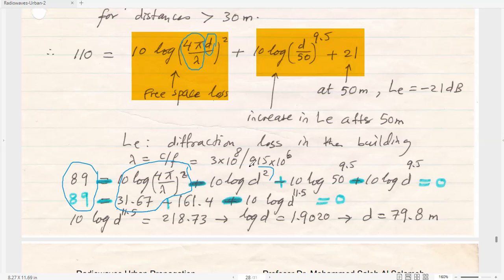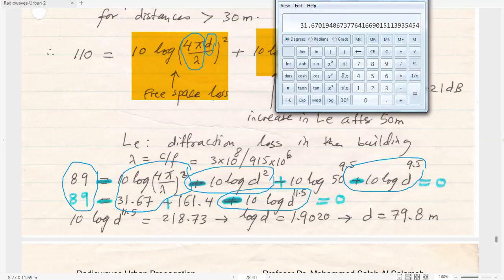So this and this are this term here. The remaining term is this term, so this should equal to this. Let's check. 9.5 times 10 is 95 times log 50.